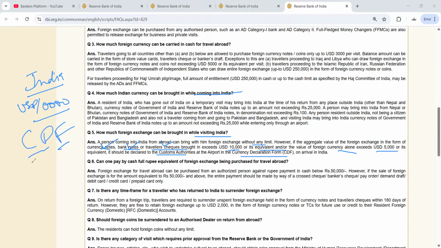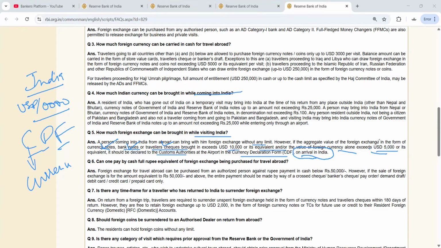Okay, sorry, C for currency declaration form. So they have to give this currency declaration form when they are arriving in India, if the value exceeds 10,000. If it is up to 5,000, no need. Okay, so it is exceeding.